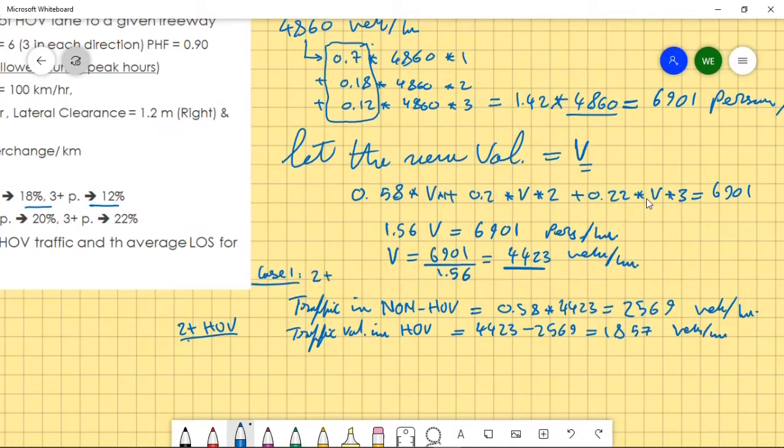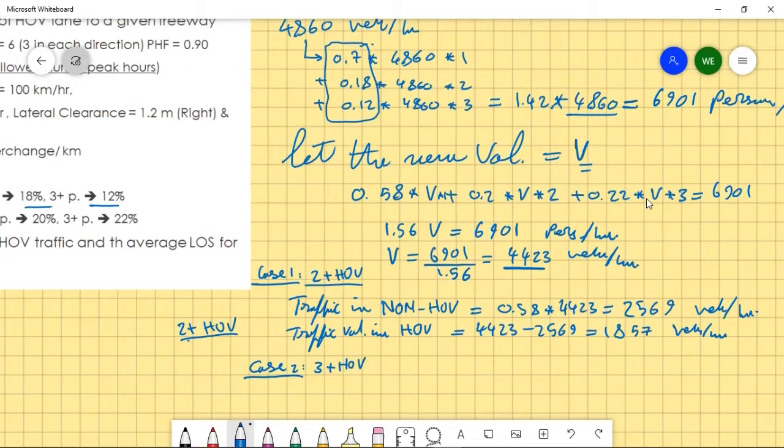2 plus HOV lane, case 2, where we will allow only the 3 plus HOV.